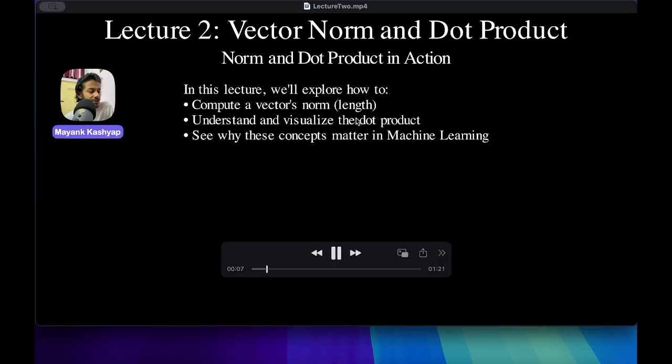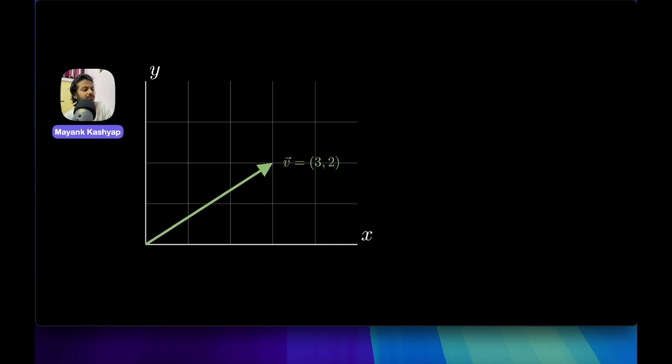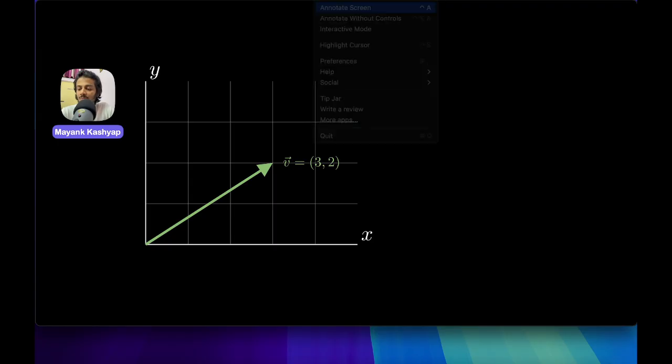We'll see how to compute the length, and we'll also visualize the dot product. So let's say we have a vector v like this.